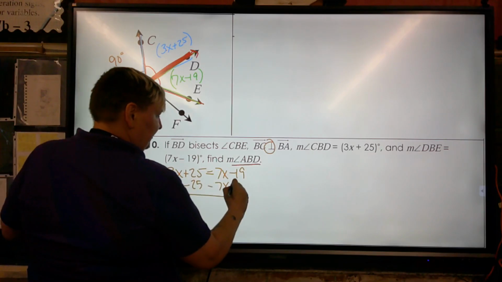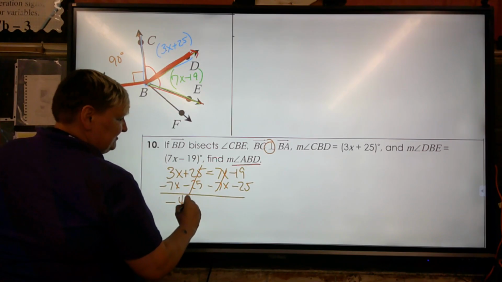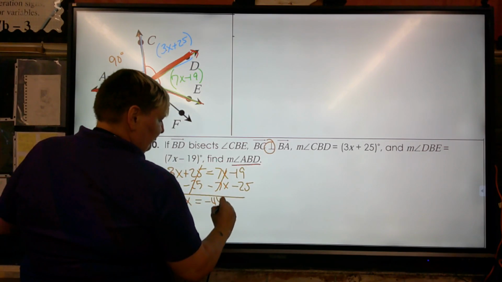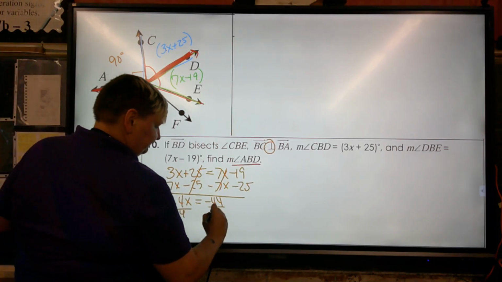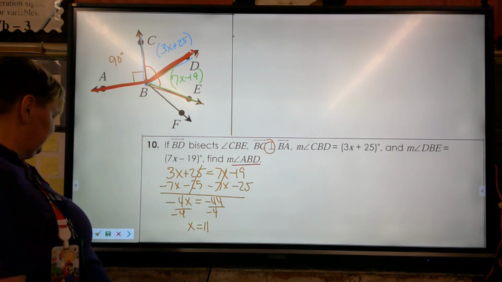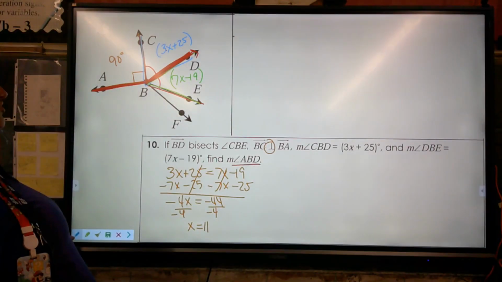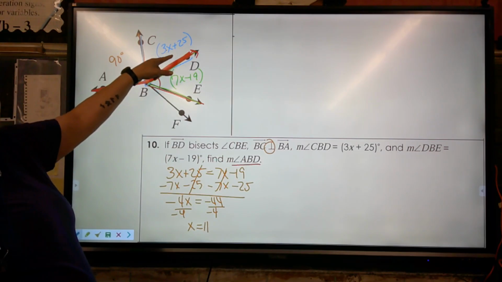Get the constants on the other side. Negative 4x equals negative 44. Cancel the coefficients. x equals 11. Now that we know what x is, we can use that information to figure out what CBD is.